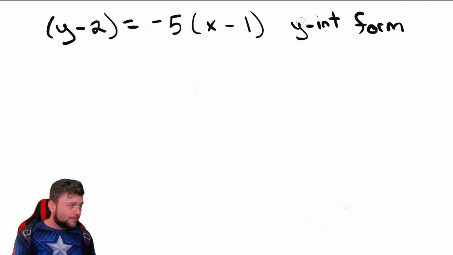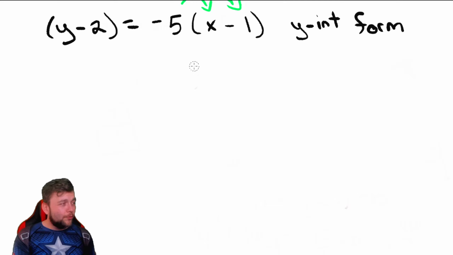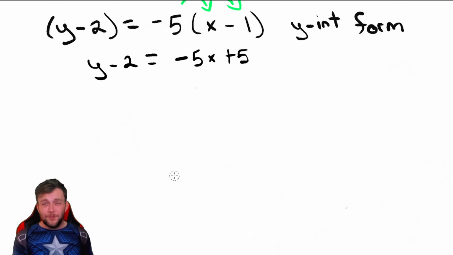That will be -5 gets distributed through your parentheses, giving us -5x. What's a -5 times a -1? It is a +5 on the right, equals, and then we just can drop these parentheses. It doesn't really matter, right?